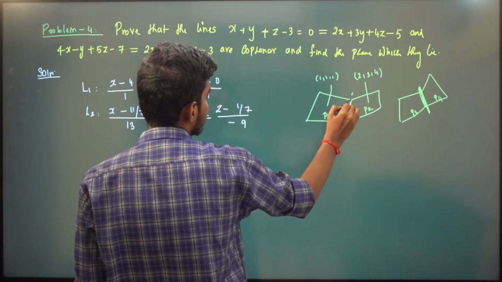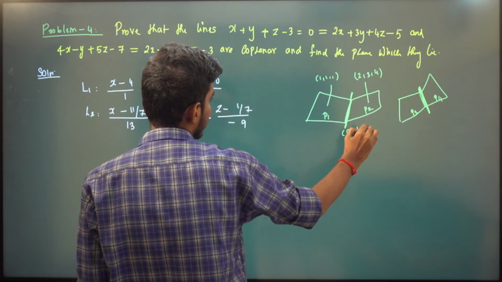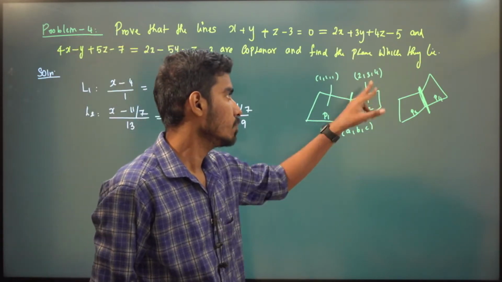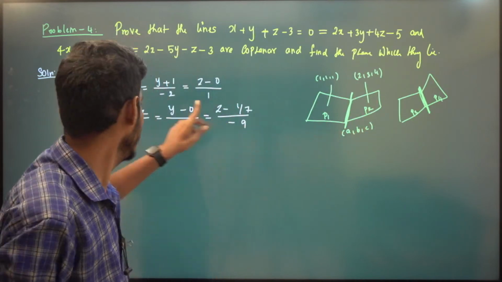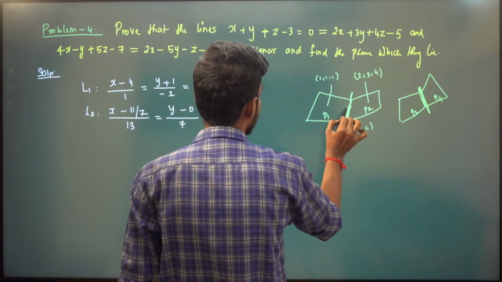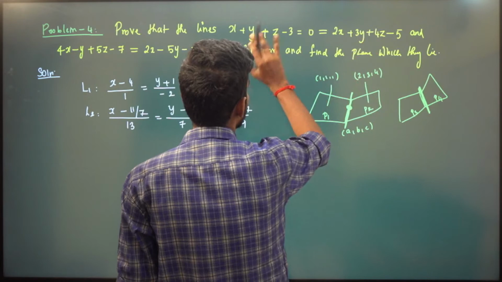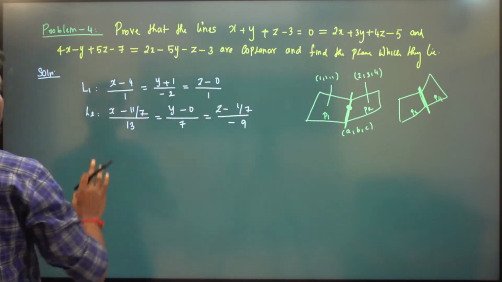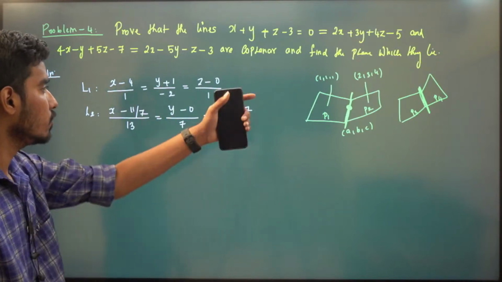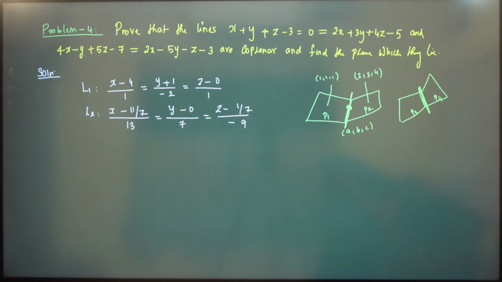Let us say the required line has direction ratio a, b, c. Then a plus b plus c is 0 and 2a plus 3b plus 4c is 0. Solve for a, b, c, you will have 1, minus 2, 1. To find any point, you just take z is equal to 0. Now solve for x, y, you will get 4 and minus 1. So you will get L1. Similarly for L2 also, you convert to symmetrical form and do the problem.